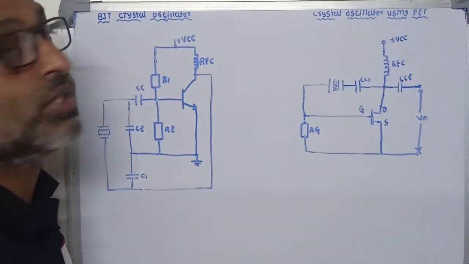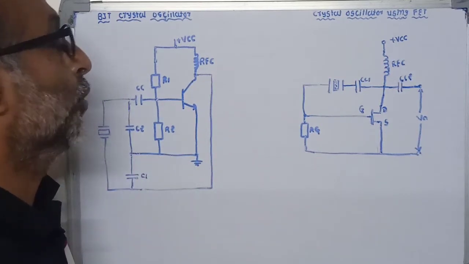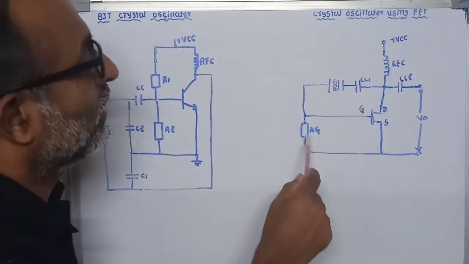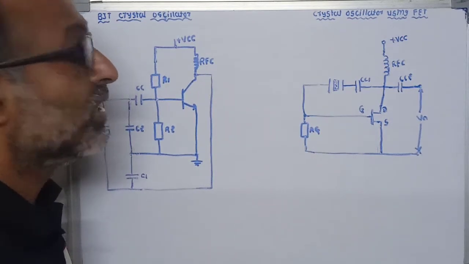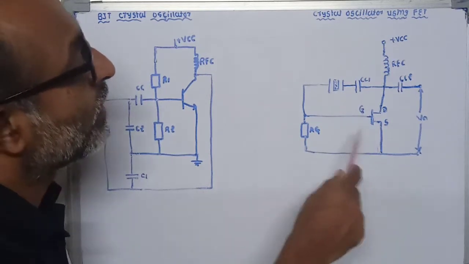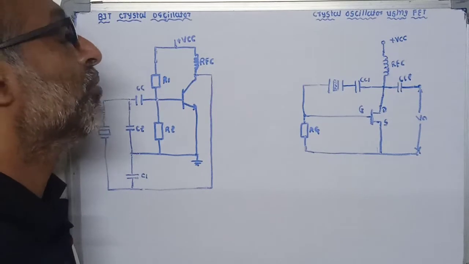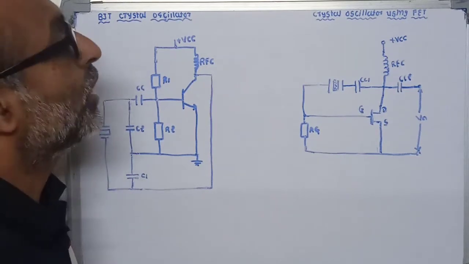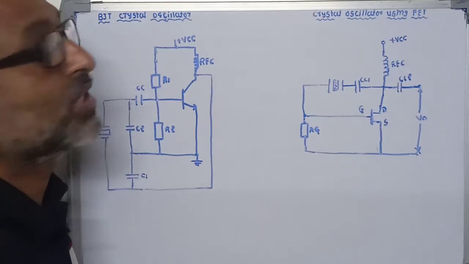Next, the crystal oscillator using FET. Here we are using a field effect transistor instead of this transistor Q. So here RG is a resistor which is used to provide the biasing of this FET. Now the RFC is a radio frequency choke which provides very high reactance to the high frequency voltage.